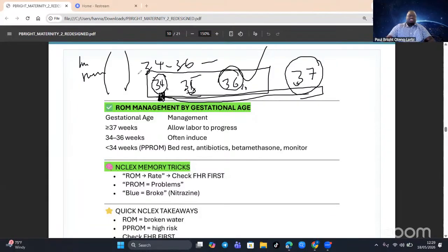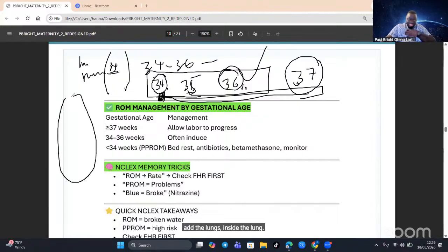But this baby at 34 weeks, what about the lungs? Inside the lung, we have the alveoli.